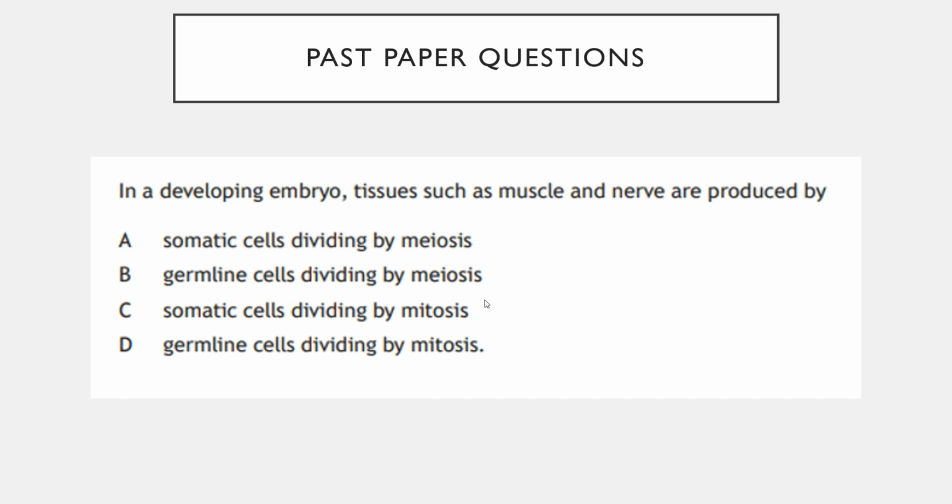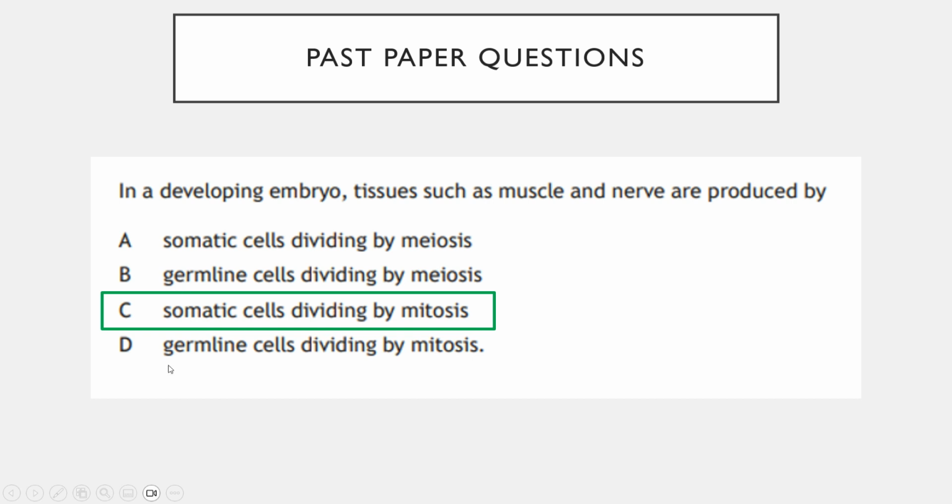So let's look at the correct answer. So things to think about when approaching this question. Just think about what type of cells have we got in our example. So here it tells you we're dealing with muscle and nerve. So muscle, nerve, not involved in reproduction, therefore we're talking about somatic cells.